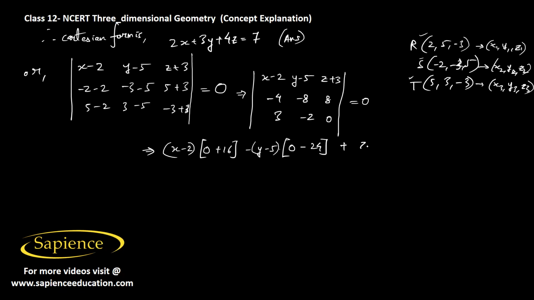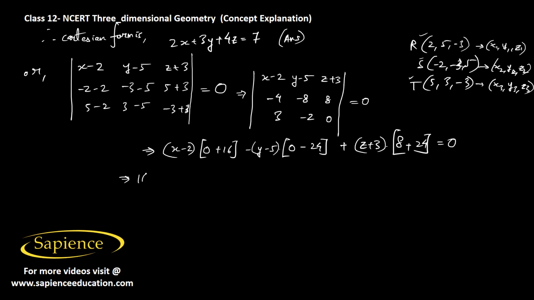Then plus z plus 3 into, 4 into 8, 8 plus 3 8s is 24, so 8 minus of minus 8, so it is plus 24. So that will be equal to 0.